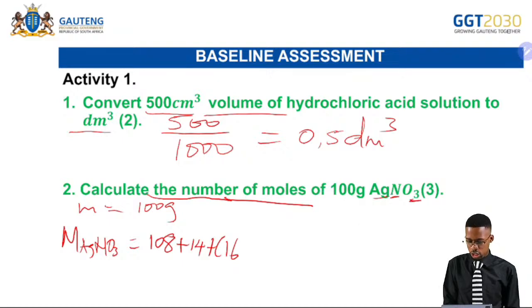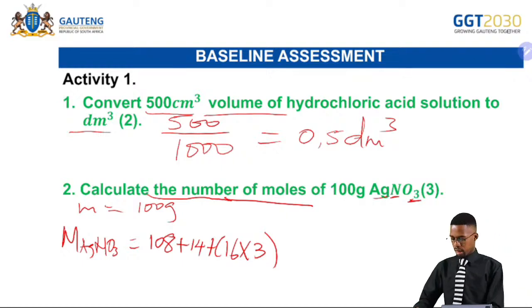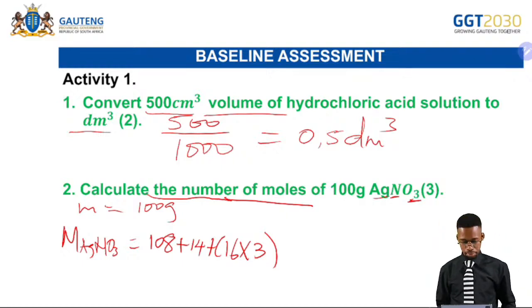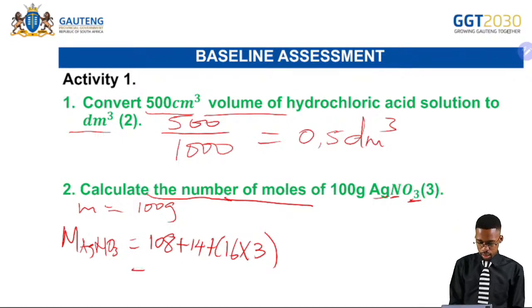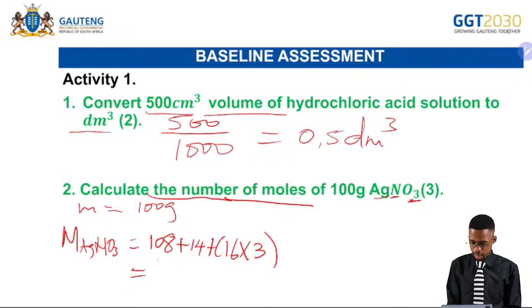How many oxygens do we have? We have 3. So we multiply this by 3. Then you go to your calculator: 108 plus 14 plus 16 times 3. And what's going to be your molar mass? I think it's going to be 170 grams per mole.